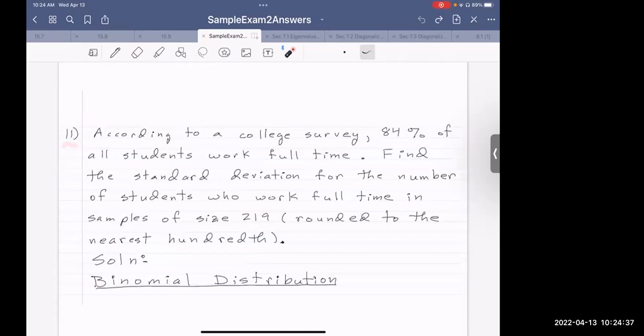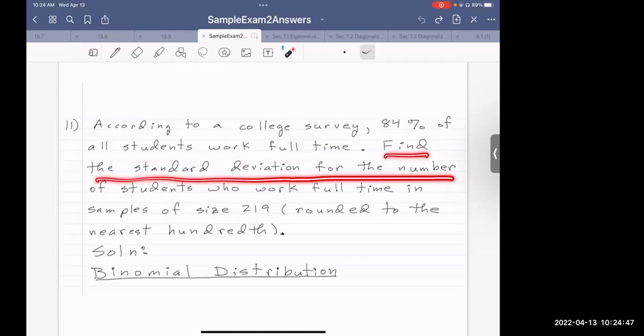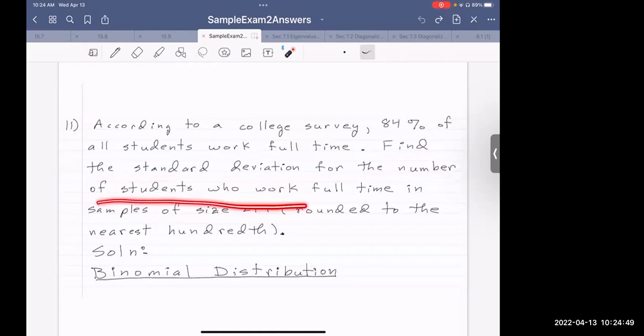Problem number 11. According to a college survey, 84% of all students work full-time. Find the standard deviation for the number of students who work full-time in the sample of size 219, rounded to the nearest hundredth.